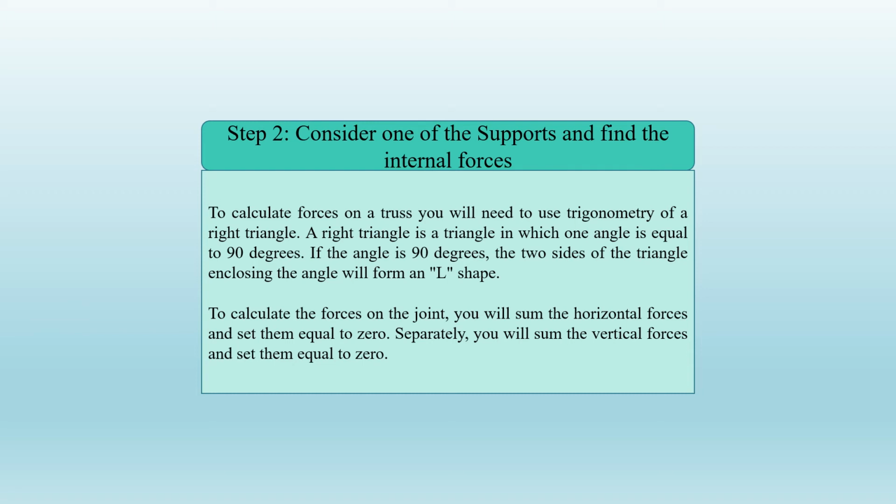If the angle is 90 degrees, the two sides of the triangle enclosing the angle will form an L shape. To calculate the forces on the joint, you will sum the horizontal forces and set them equal to 0. Separately, you will sum the vertical forces and set them also equal to 0.